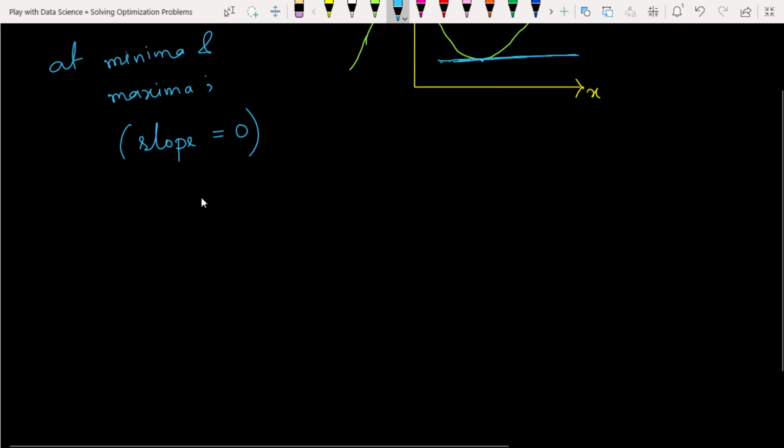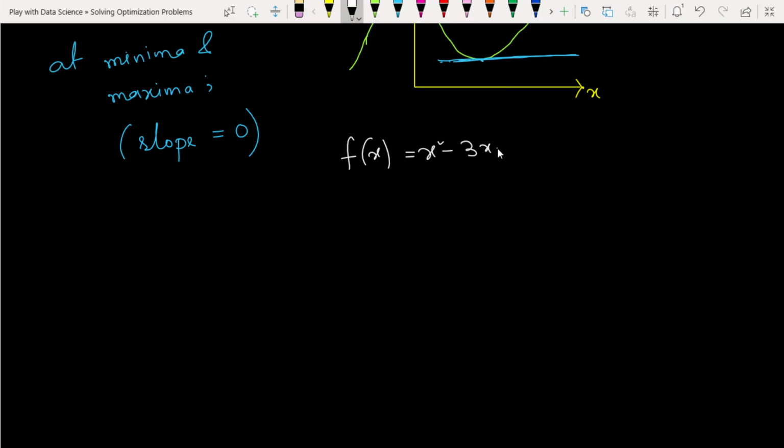Now let's consider a function as an example. Let's take the function f of x equals x square minus 3x plus 2. To find the maximum or minimum, we have to find the first derivative. If a maximum or minimum exists, then the slope value will be 0.